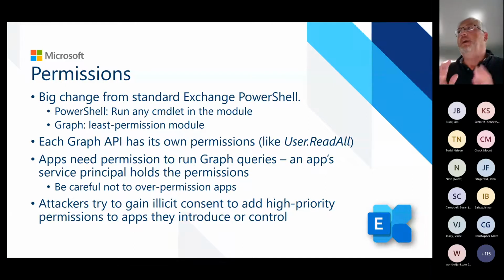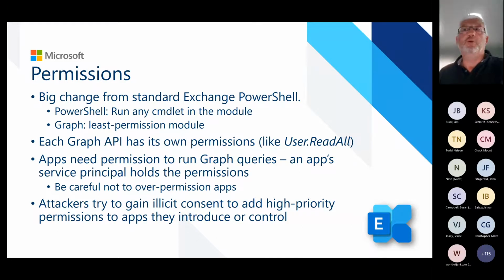And in fact, if you run the Microsoft Graph PowerShell SDK interactively, you can get into exactly this situation, because the SDK has an app, so it's got a service principal. And that service principal holds all of the permissions that people have used when they have connected with that app to interact with the graph.